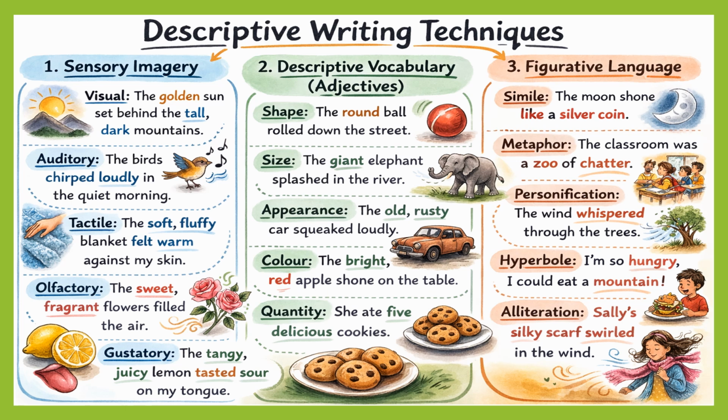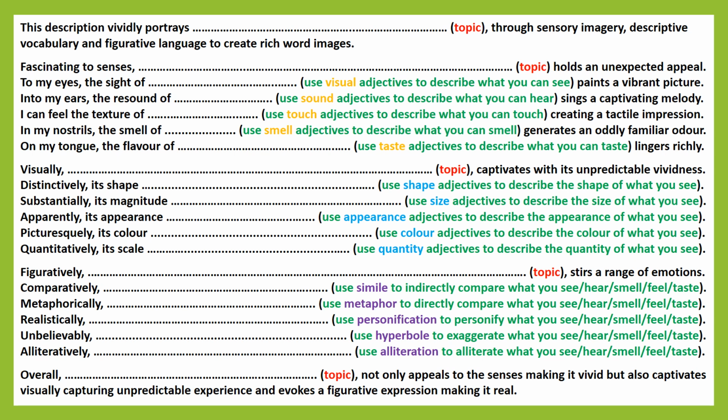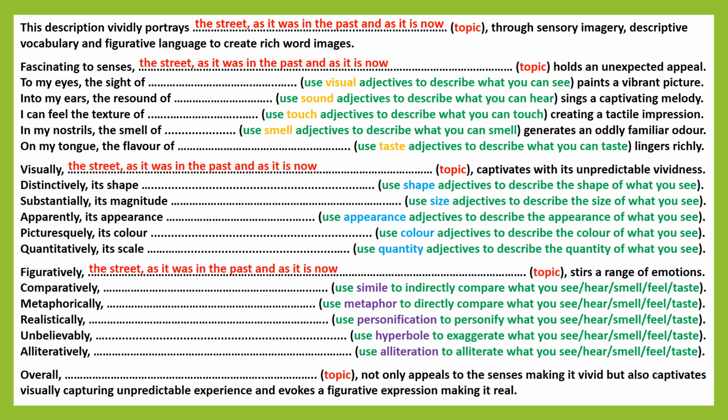Your response should begin with an introduction that addresses the topic of description. Each body paragraph should begin with a topic sentence that reflects the focus and introduces a descriptive technique. Paragraph 1 should focus on sensory imagery, providing descriptive sentence examples for each of the 5 types: visual, auditory, tactile, olfactory, and gustatory.